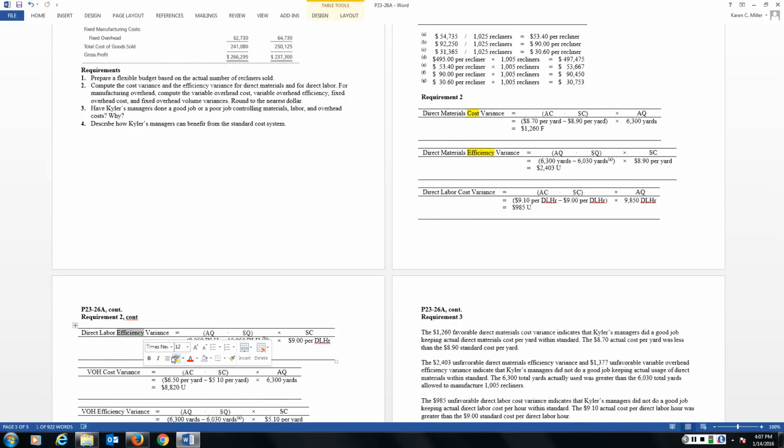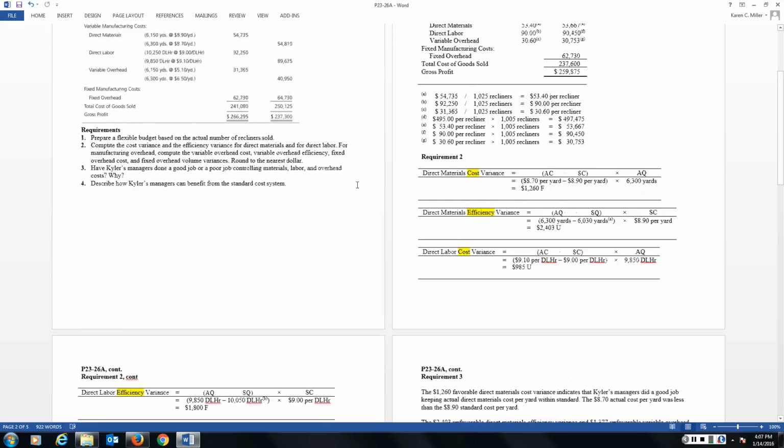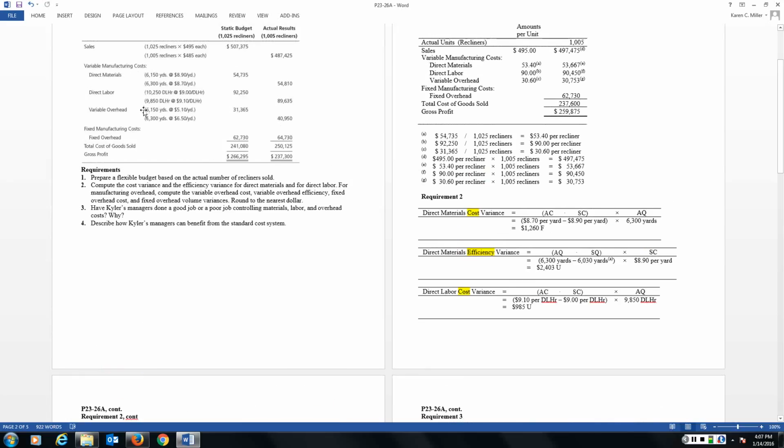Okay, so in the cost variance, I'm concerned about, did I spend more or less per direct labor hour than I thought I should? So let me slide back up a little bit here. All right, notice our direct labor. We thought we were going to pay $9 an hour. I actually paid $9.10.